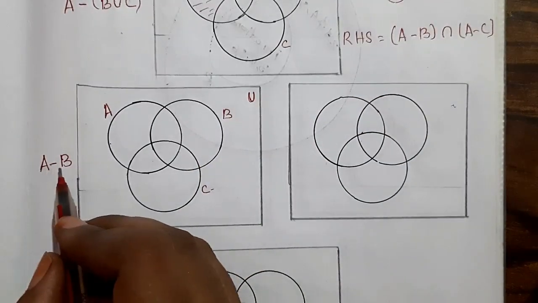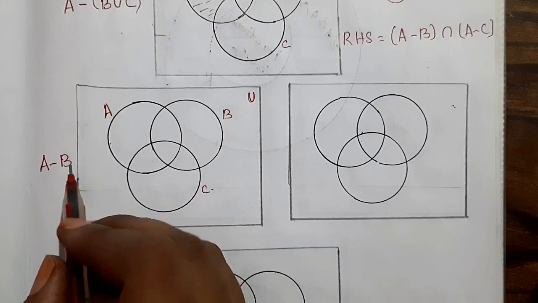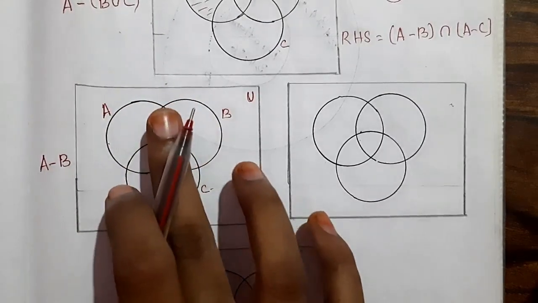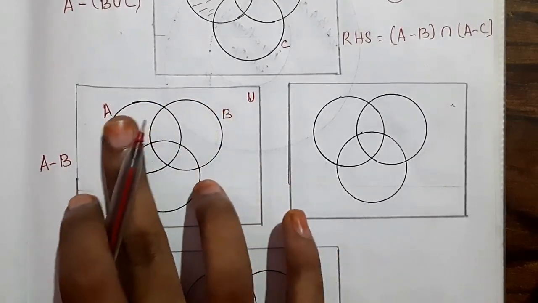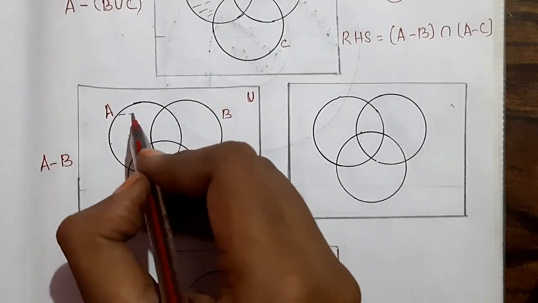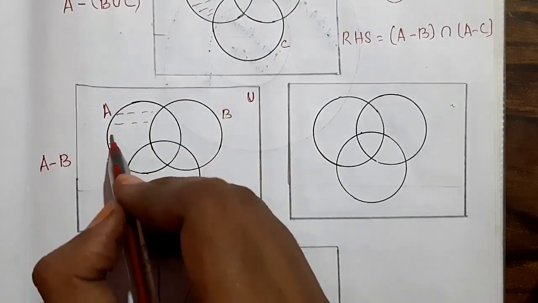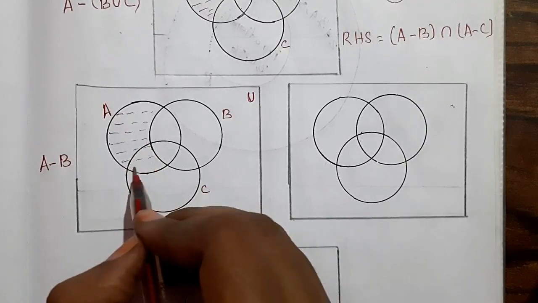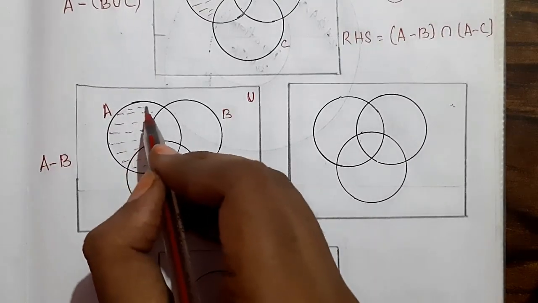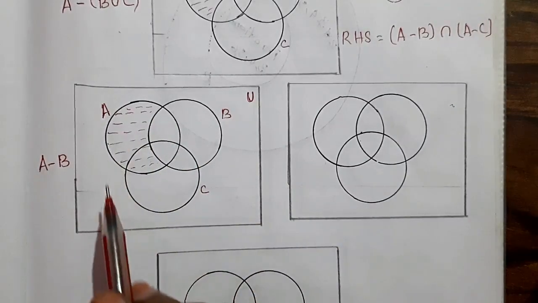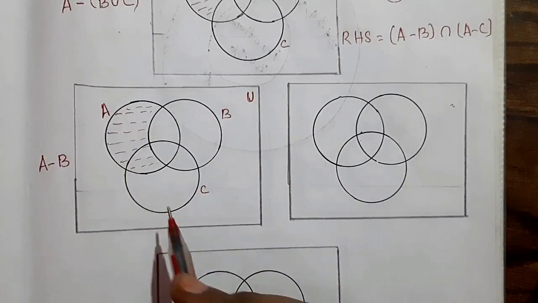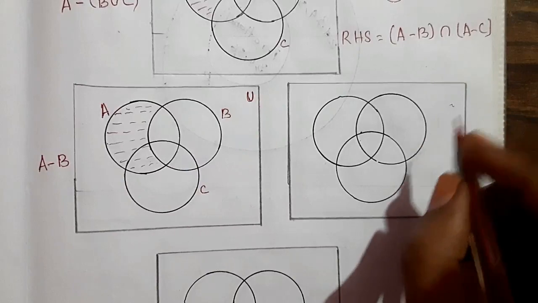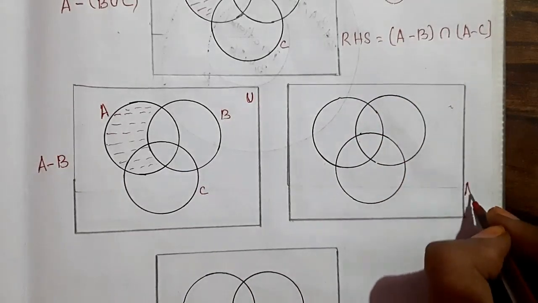Then A difference B means from A we can remove the B part, just shade only the A part. So shade only the A part, we should not shade the B part. Already we have drawn some Venn diagrams like this. Okay, I shaded only the A part. The next one is A minus C. So we can draw this as A minus C.